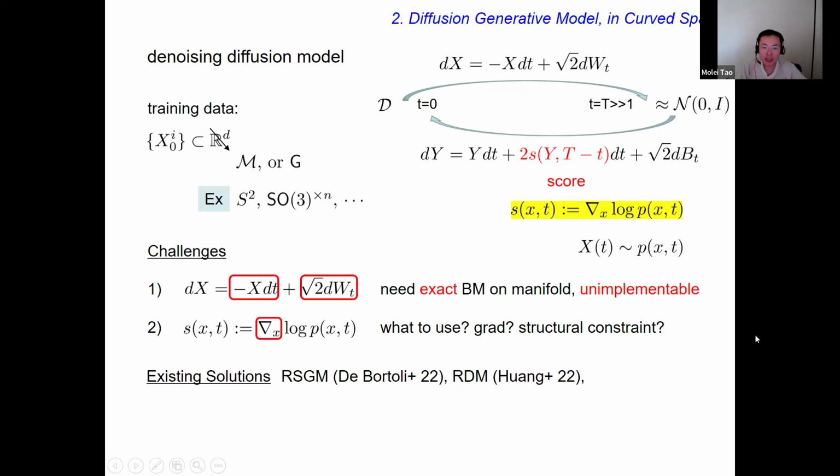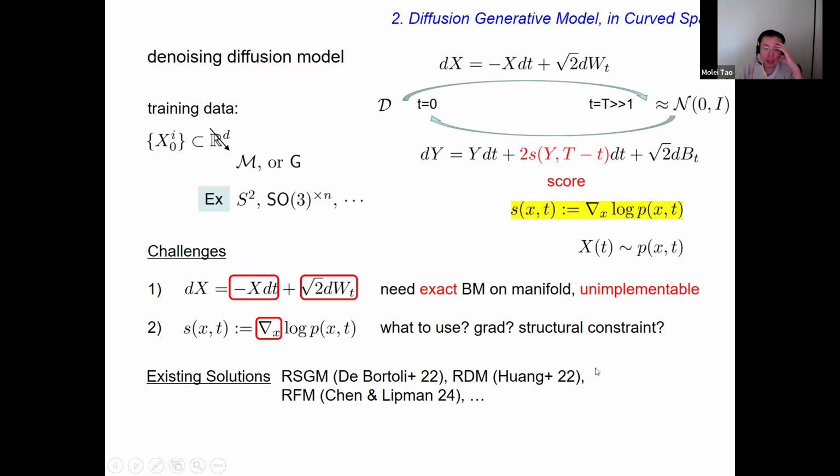So in fact, this is a problem so important that there are a lot of results. So people use a lot of approximations. For example, in RSGM, which was Best Paper Award at NeurIPS 22, people do projections, etc. And there is a very similar paper. Of course, there are differences, but I will not have time to talk about it.